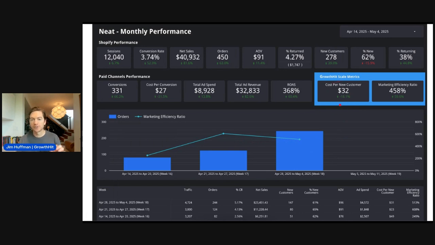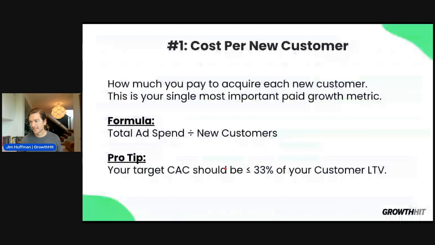I have guardrails for my customer acquisition cost and for my MER, my marketing efficiency ratio. We'll come back to these in a second. Notice the trend lines on how I care about quality, which is the MER, wanting that to be over 300. And then I understand scale and quantity with order volume. Okay, we'll come back to this.